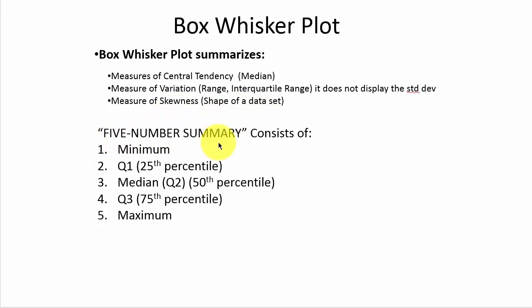The 5-number summary that I mentioned earlier consists of the minimum value, what's the minimum value in your data set, and then what's the maximum value at the other end. And then Q1 would be the 25th percentile, the median is always the 50th percentile, and Q3 is the 75th percentile. So minimum, 25th, 50th, 75th, and the maximum.